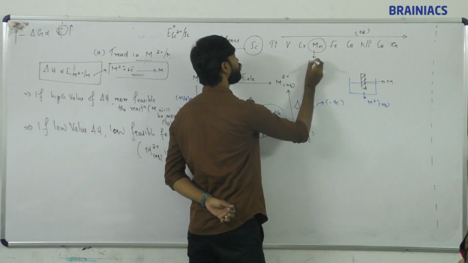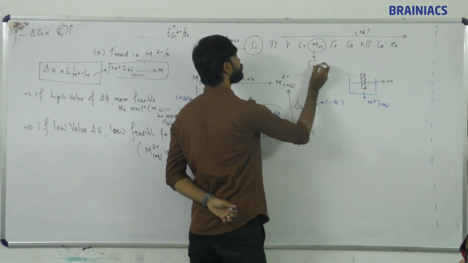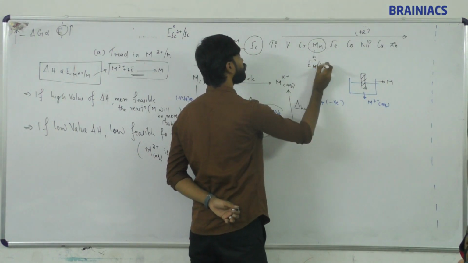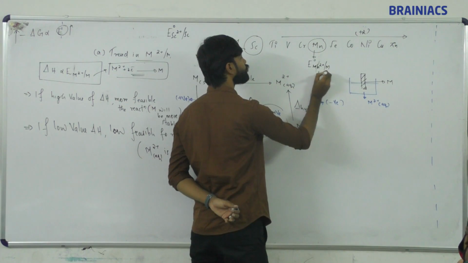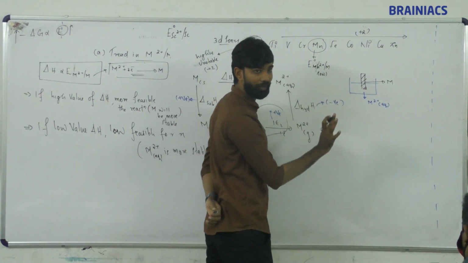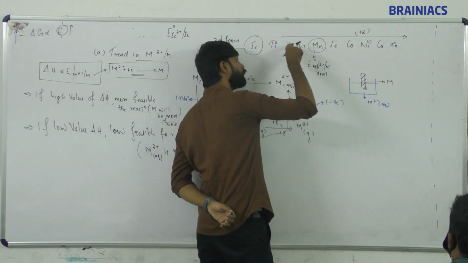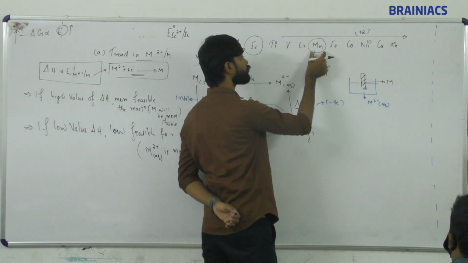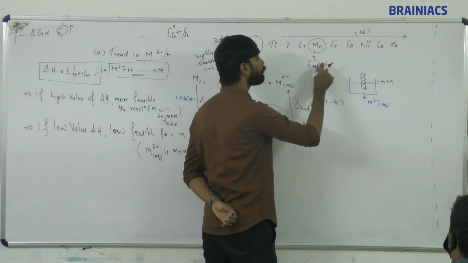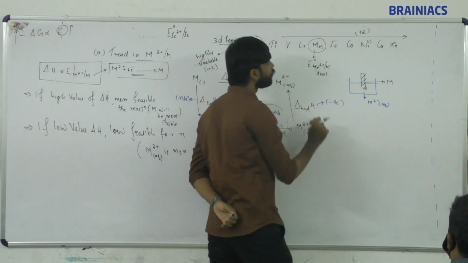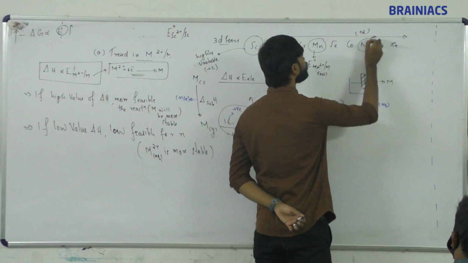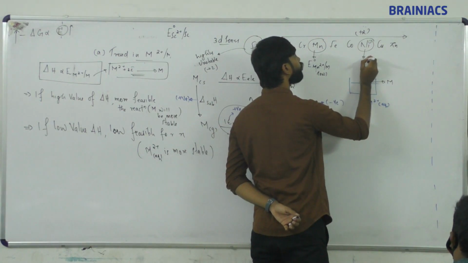E0 for Mn2+/Mn is comparatively low. Low means that from here to here it becomes more positive, but in the case of manganese it becomes much more negative.